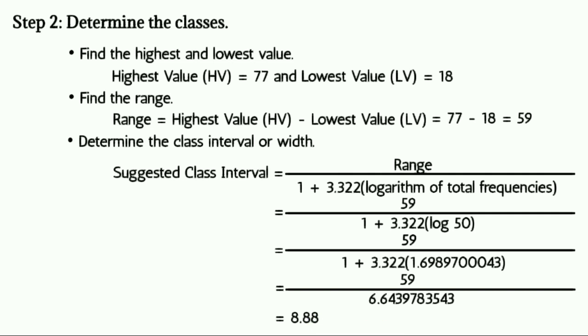Take note na kung yung suggested class interval natin ay merong remainder, i-round off natin yan sa nearest whole number. So, ang pinakamalapit na whole number sa 8.88 ay 9. Therefore, our suggested class interval is 9.